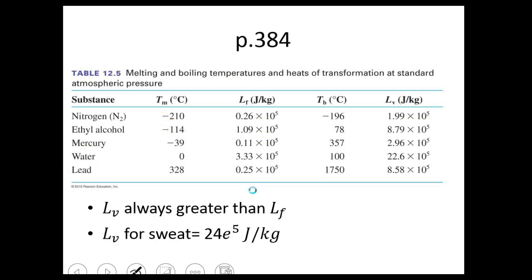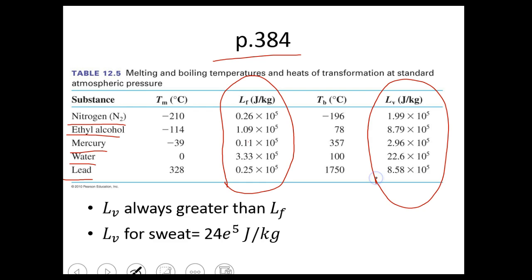And so what we see on page 384 is these different substances that we can change from a solid to a liquid to a gas. If we're moving from solid to liquid or liquid to solid, we'll look at the heat of fusion. And if we're moving from liquid to gas or gas to liquid, we'll look at the heat of vaporization.